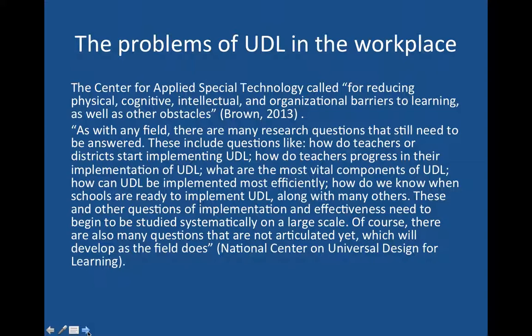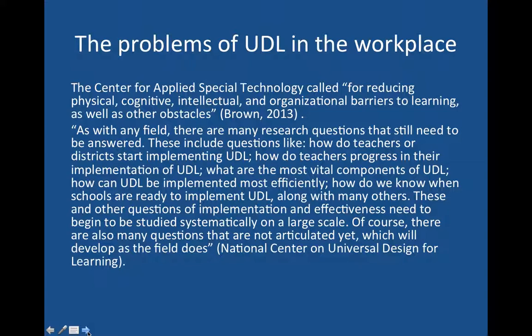So, some problems of UDL in the workplace, according to Brown in 2013: it's important to reduce physical, cognitive, intellectual, and organizational barriers to learning, any of the obstacles that students have. But teachers, we know that with any field there are still questions that need to be answered.